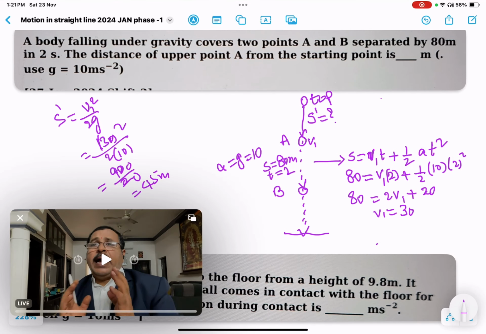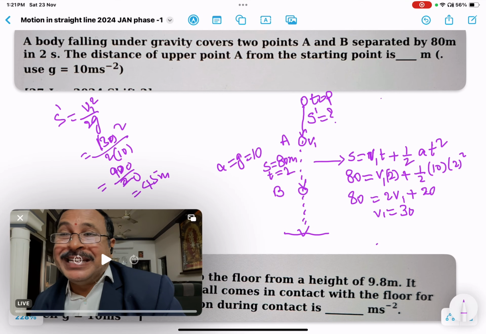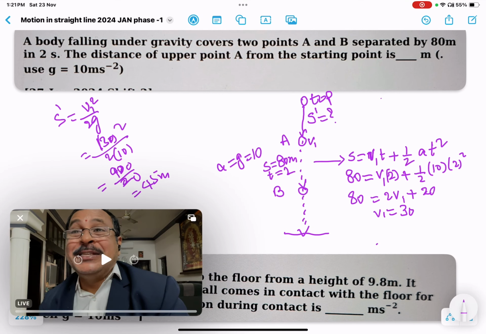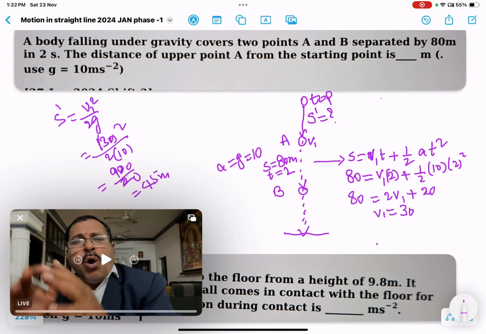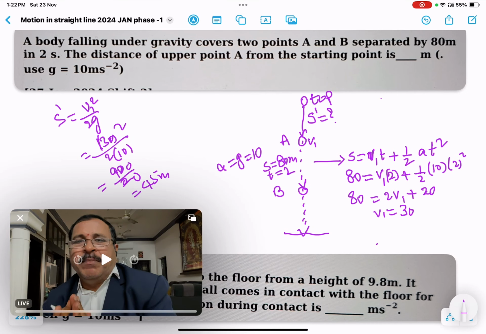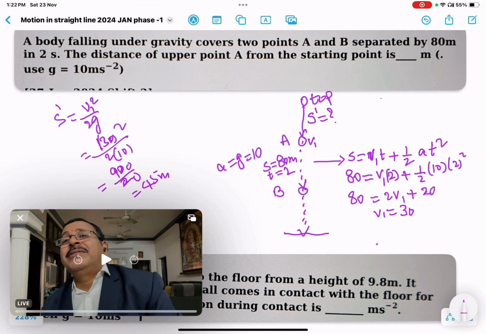So all my dear IIT-JEE mains aspirants, how simple these problems are. It is an application of the second and third equations. So finally, what is the conclusion? All problems from this chapter, motion in a straight line, come under equations of motion.